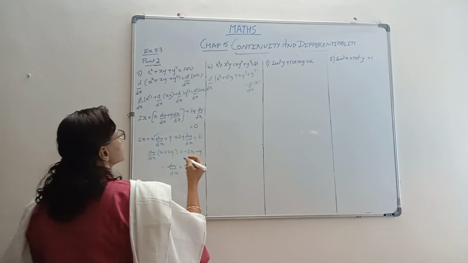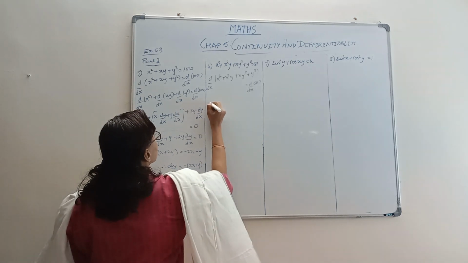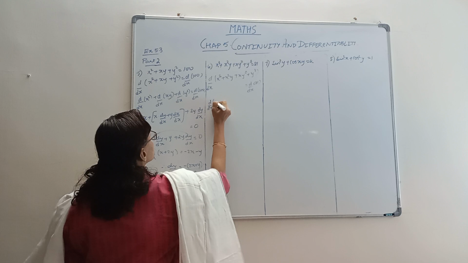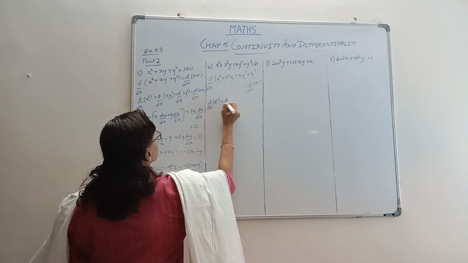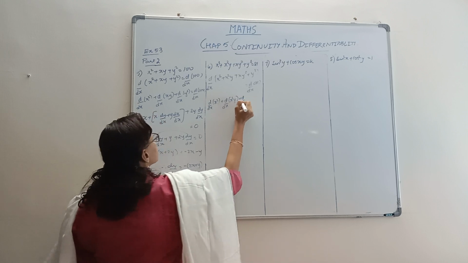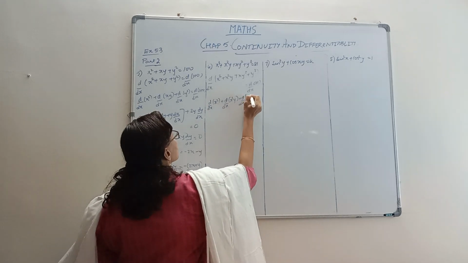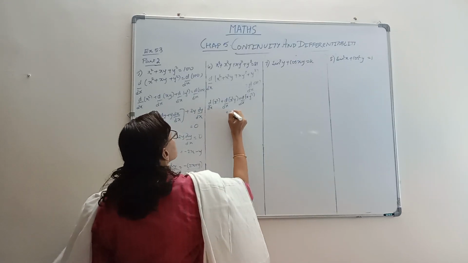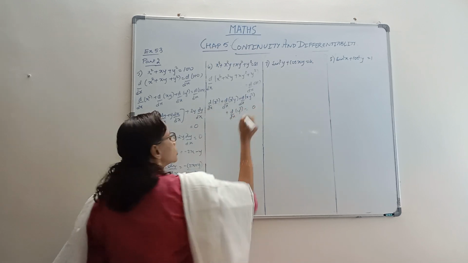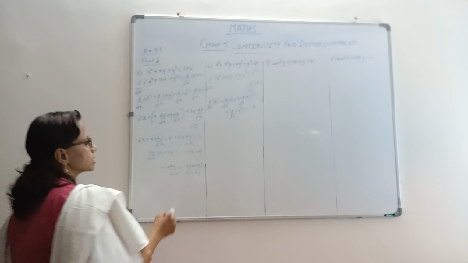So this will become the derivative of x cubed plus the derivative of x squared y plus the derivative of xy squared plus the derivative of y cubed equal to 0.